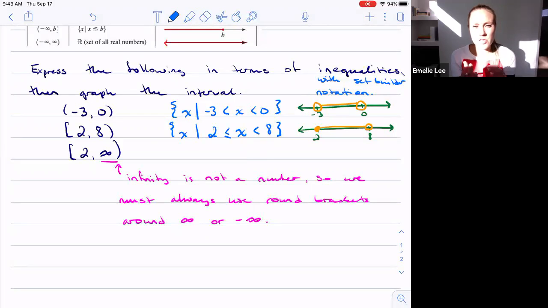How about this next one? So it's a square bracket around the 2, right? So it has to be inclusive of 2, and then it's going all the way up to infinity. So if we're thinking in terms of this kind of layout, it's going to look the same here, but instead of stopping at 8, we're just going to let it go to infinity.